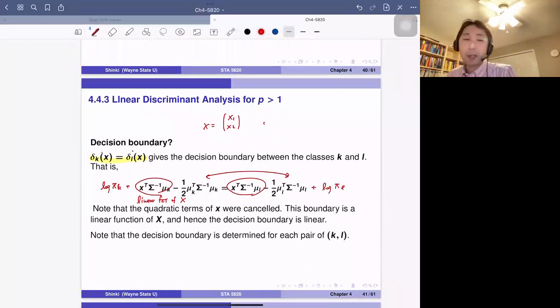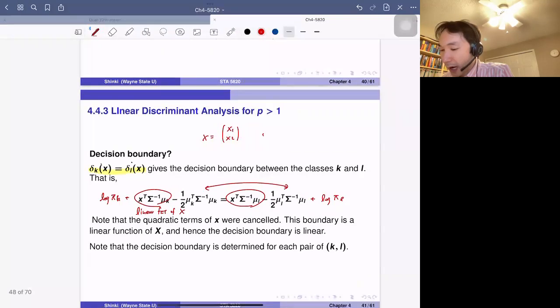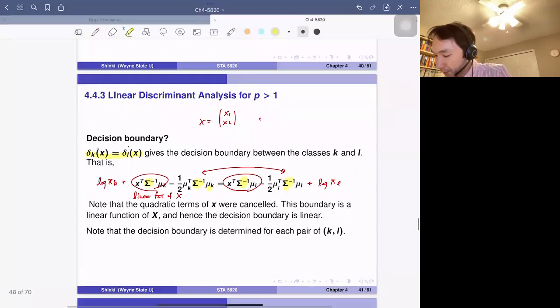So this is still a linear equation of x. So that is why the decision boundary for LDA is linear. Basically, it comes from the assumption of normality and also the constant sigma. So sigma does not depend on k. Any questions?